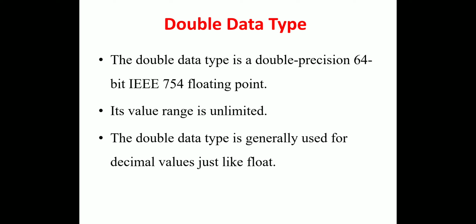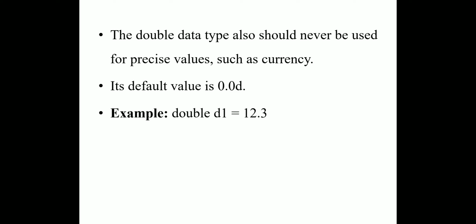Float and double are used for floating point numbers. The double data type also should never be used for precise values such as currency. We cannot use double for currency, and the default value is 0.0d. The example is double d1 equal to 12.3.